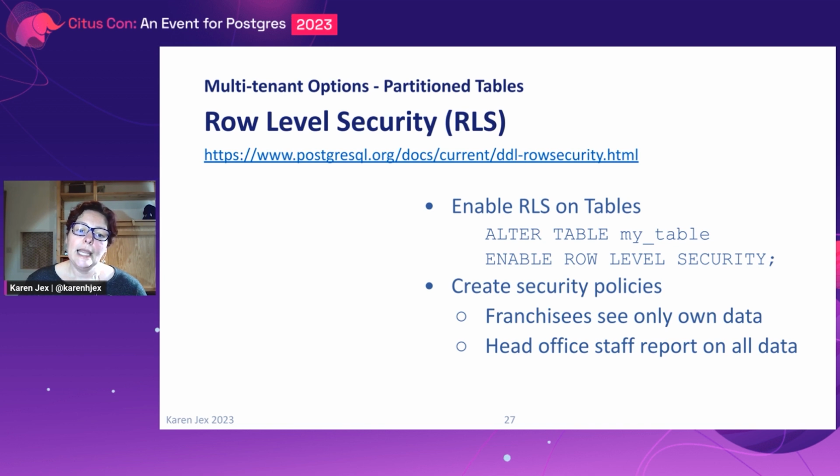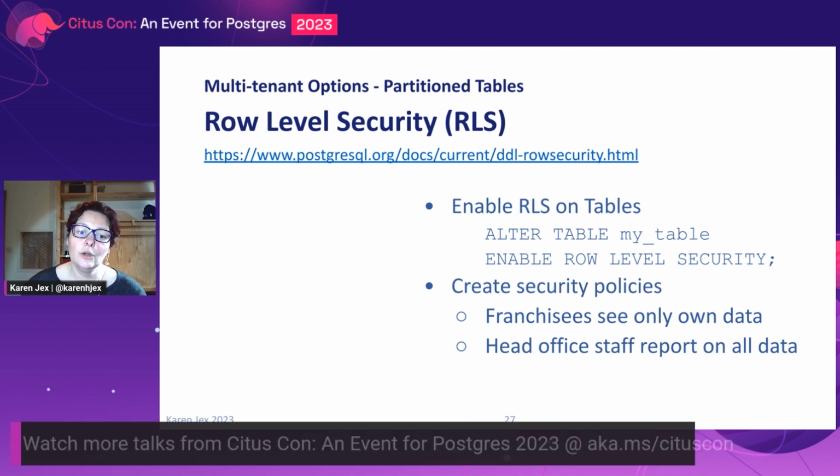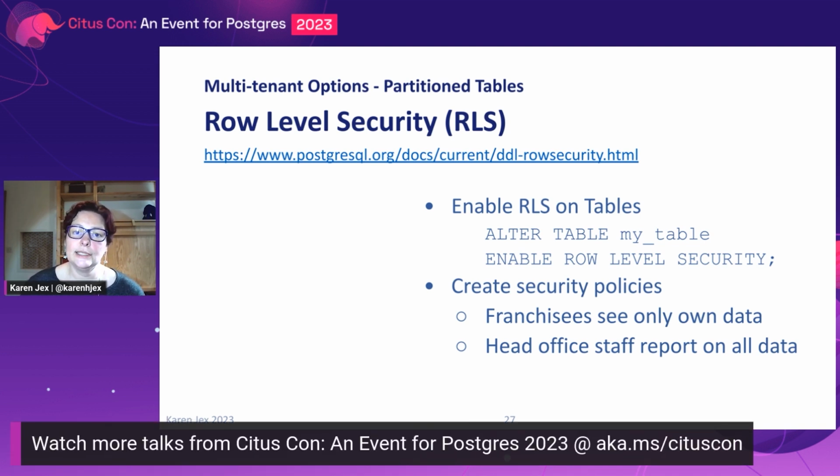You would enable row level security on any of the tables that you need to. And once you've done that, you create security policies. So you could say that franchisees are only allowed to see their own data, whereas the head office staff are allowed to see all data for certain things so that they can create reports across all of the franchises.